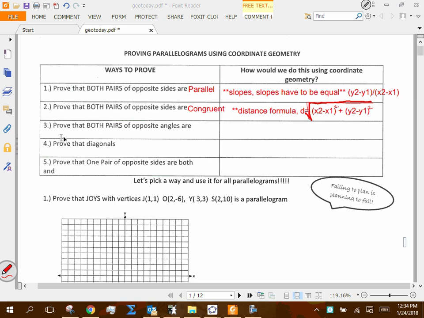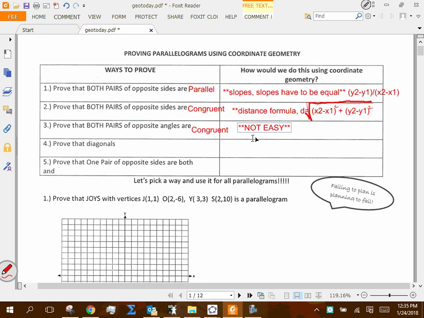Option 3 is to prove that both pairs of opposite angles are... what do you know about opposite angles of a parallelogram? They have to be congruent as well, okay? Now, I'm just going to write here that this is not easy. Generally speaking, if they're right angles, it's really easy.